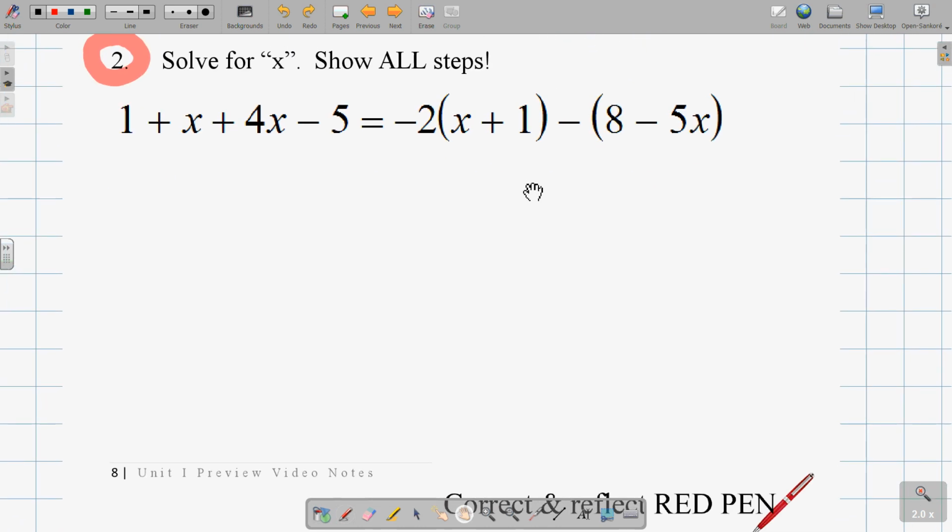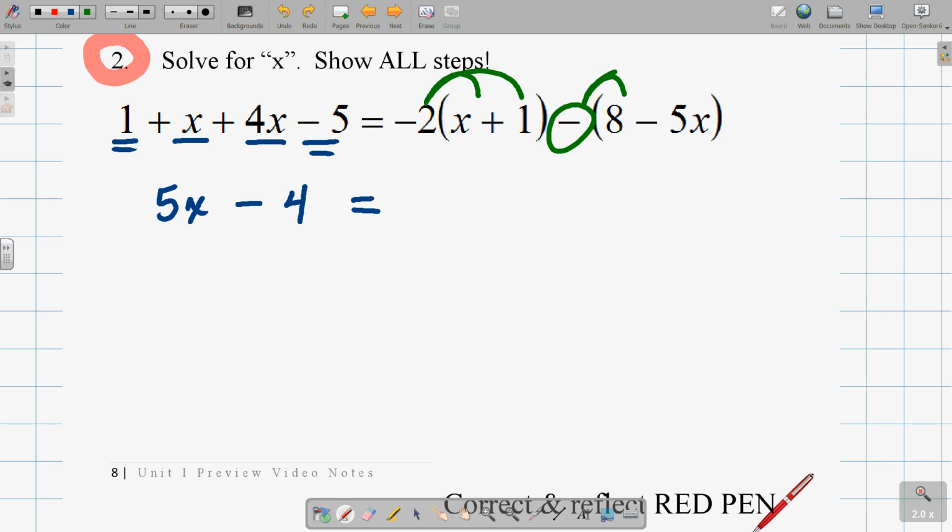Let's check your work here. First, you want to collect like terms. Here we want to distribute. Make sure you just distribute that minus sign to both.